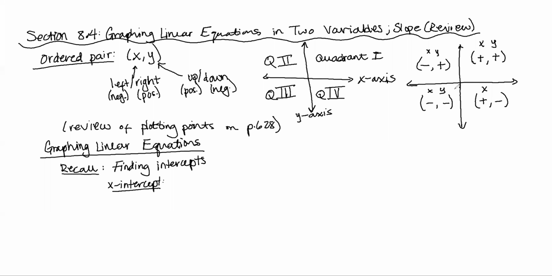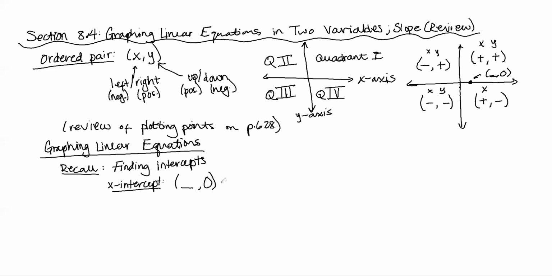So if we take a look at this point right here, our x could be any number, but what does the y value have to be if we're along this x-axis? Well, the y value has to be 0 because we're on the x-axis. We didn't go up or down. So we're going to have some point with some x-coordinate, comma, 0. This is what the x-intercept should look like.